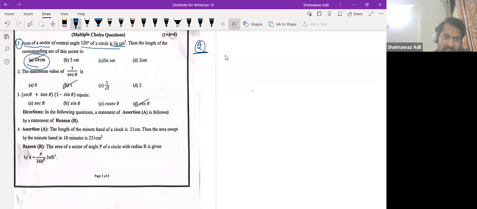Yes. Now let us get back to this part. So the maximum value of 1 by sec theta. What do you guys think? What would be the maximum value of this?